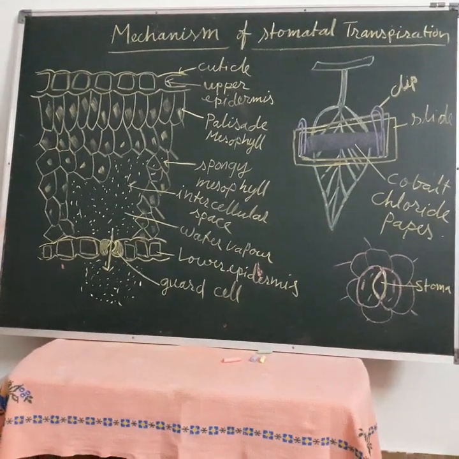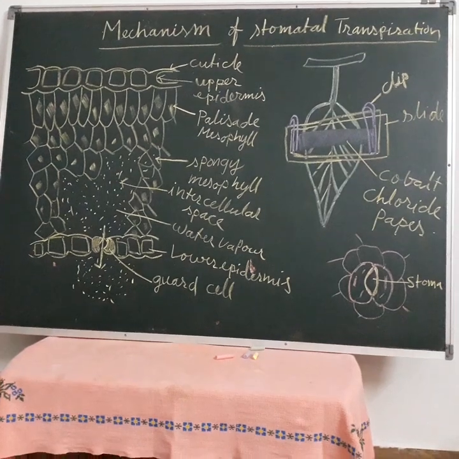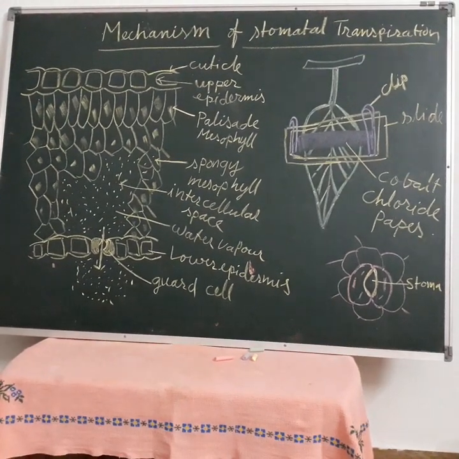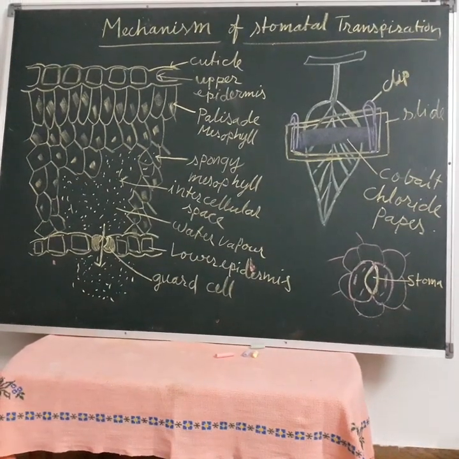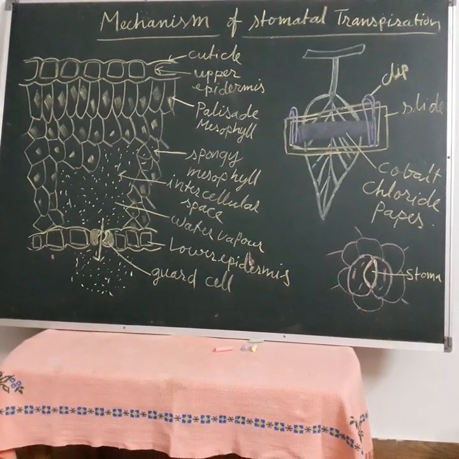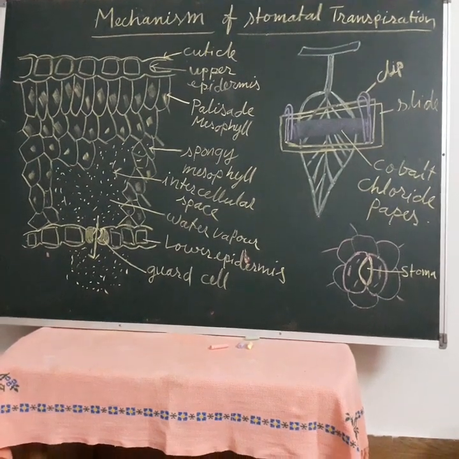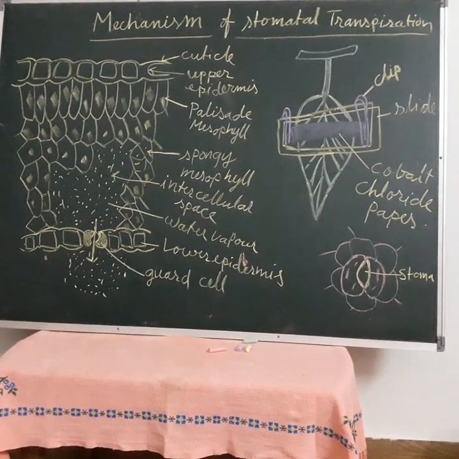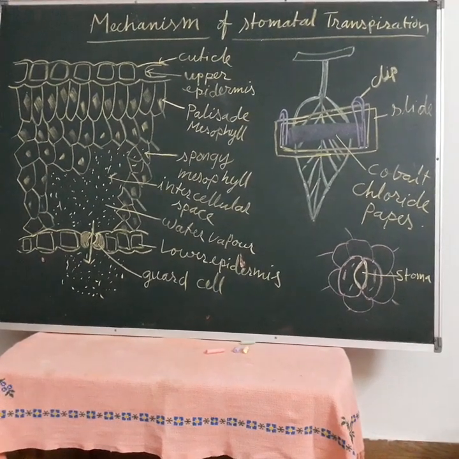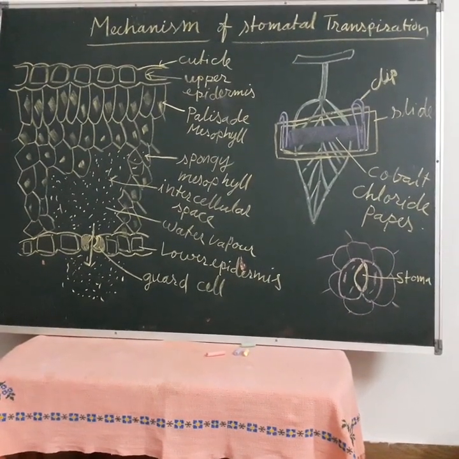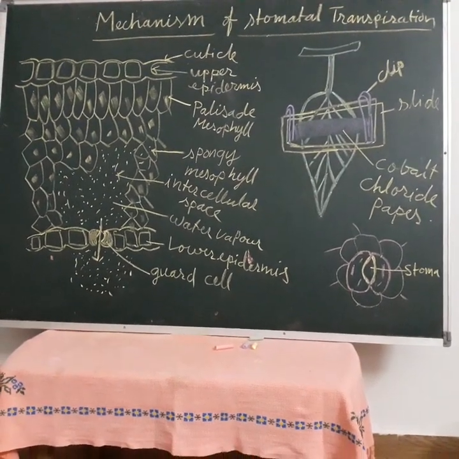When carbon dioxide increases over the normal percentage, like 0.03% to a little more, it closes the stomatal opening and transpiration will be reduced. Atmospheric pressure. The rate of transpiration increases with decreasing atmospheric pressure.